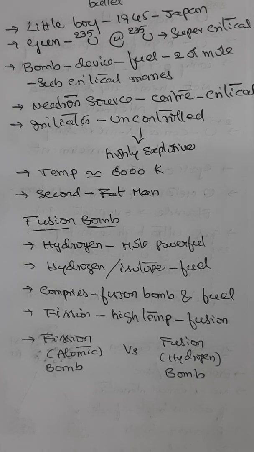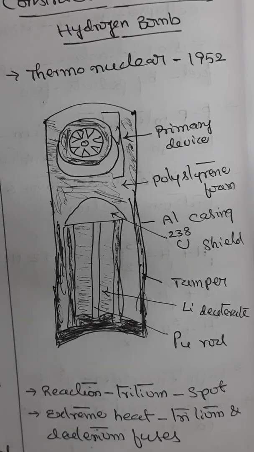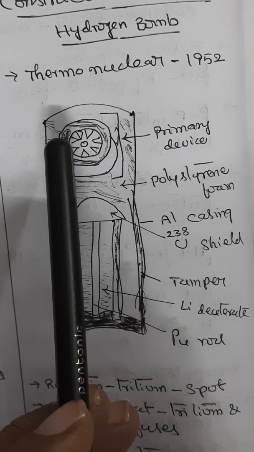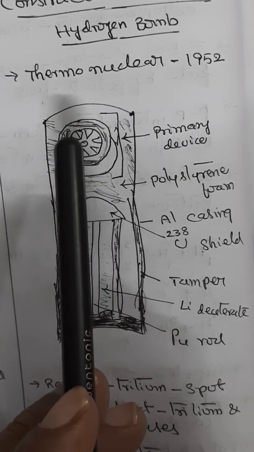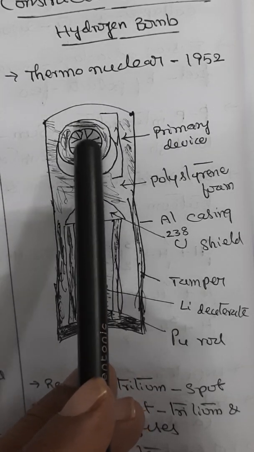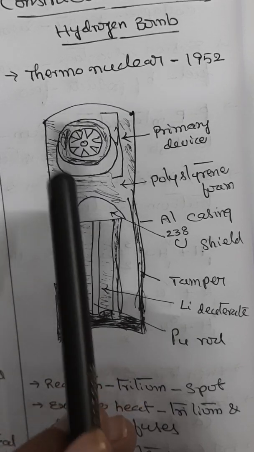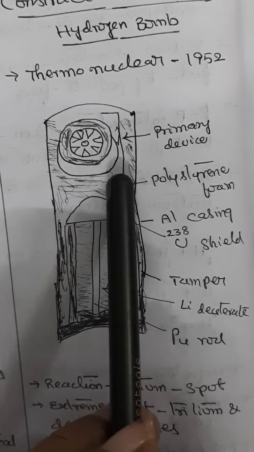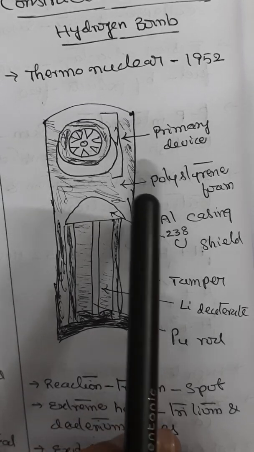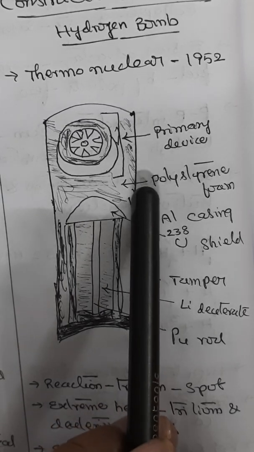So let us look at the construction and working of a fusion bomb, which is nothing but the hydrogen bomb. This is the schematic representation of the hydrogen bomb. It is the primary device where the fission bomb is kept. Here there is a foam, which is polystyrene foam. This is an aluminum casing.